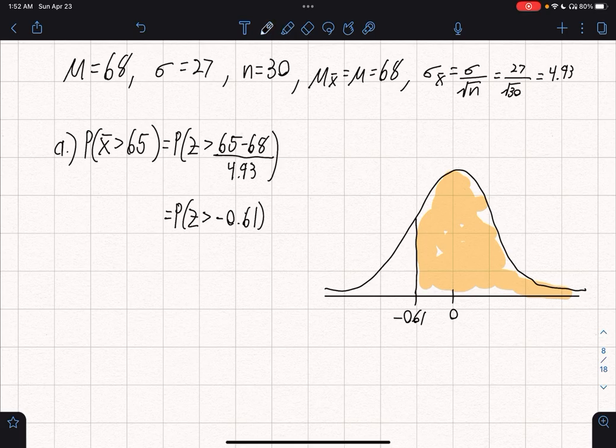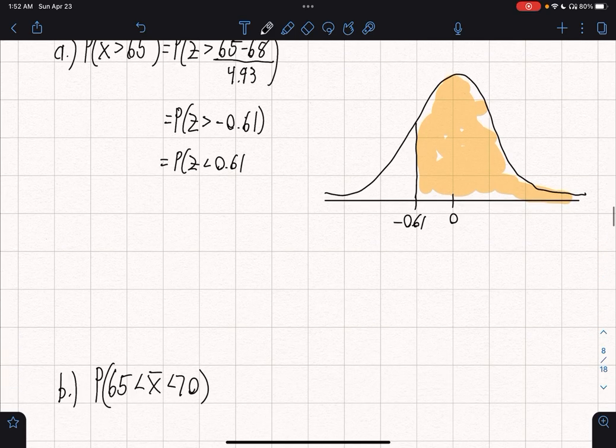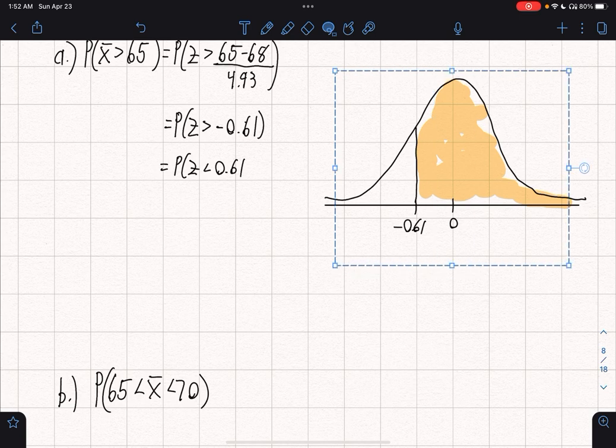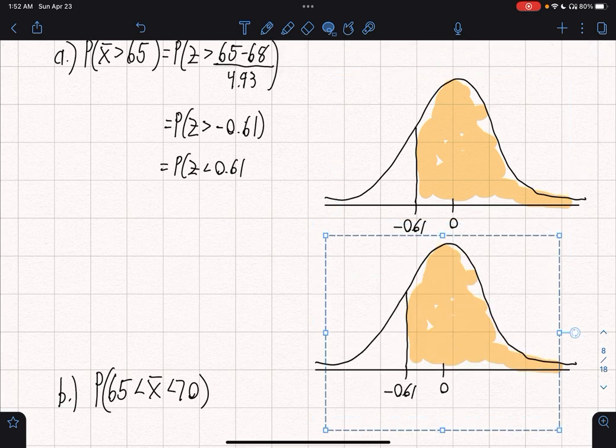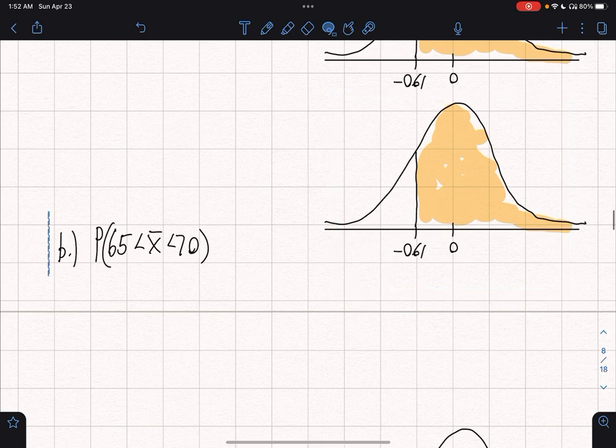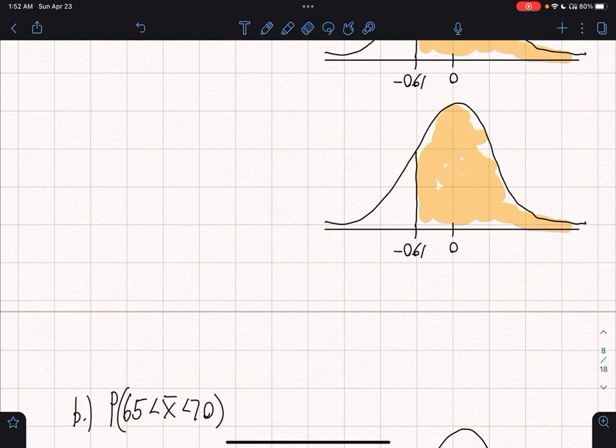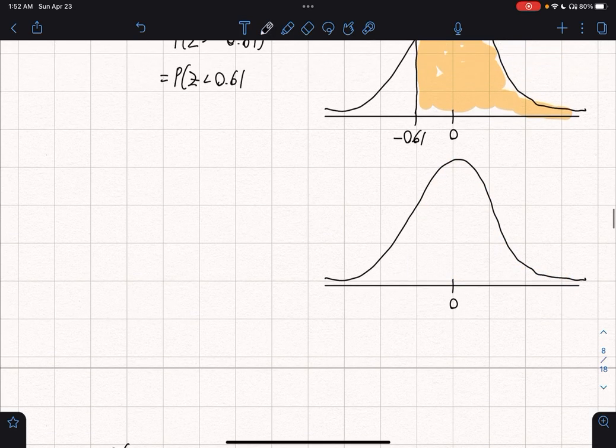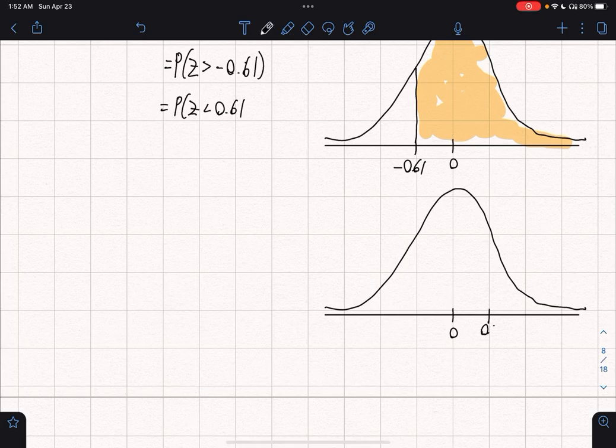Well, by symmetry, I can also think of this as the probability that z is less than 0.61. So if I wanted to redraw this, I could say that these areas are the same.